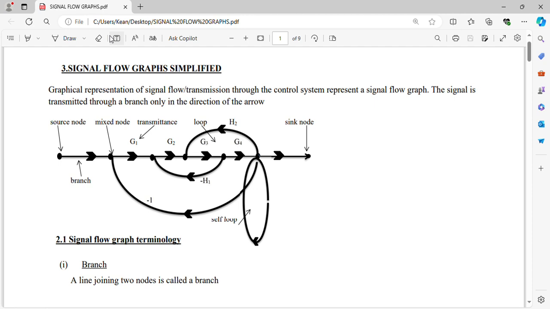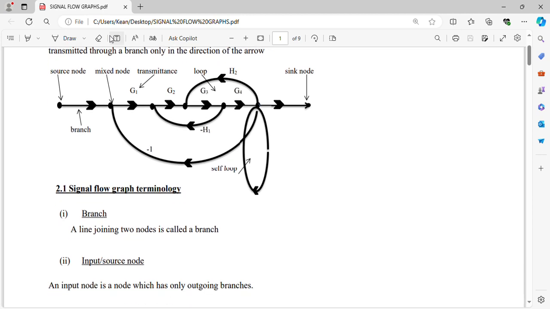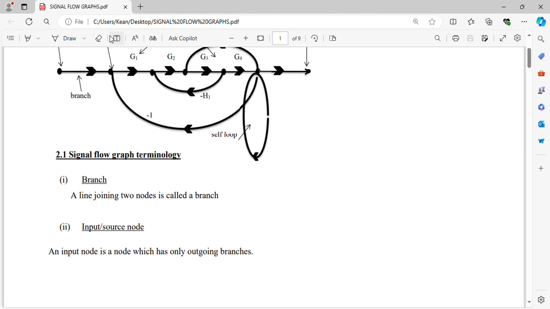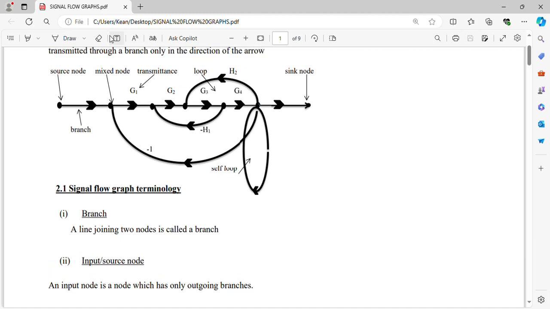You can see all these terminologies illustrated in the signal flow graph. The first terminology we are going to describe is the branch. The branch is the one that joins two nodes. And then we have the input node, also called the source node.